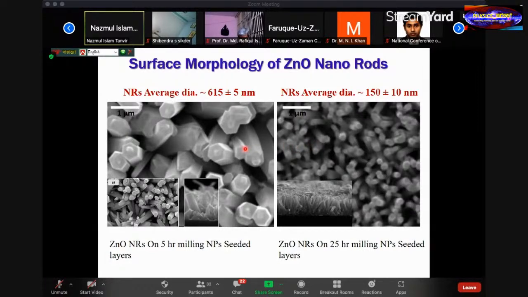From this surface morphology, zinc oxide nanorods on 5 hour milling NPs seed layers produce large diameter nanorods, around 615 plus minus 5 nanometers, and zinc oxide NRs on 25 hours milling NPs seed layers produce dense and narrower zinc oxide nanorods, around 150 plus minus 10 nanometers. And these are also the cross sections of zinc oxide nanorods.